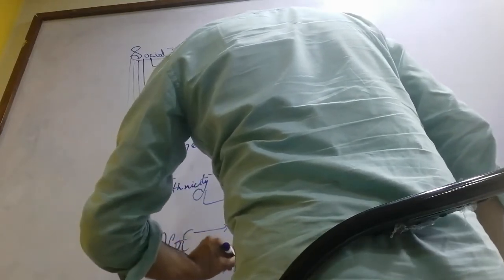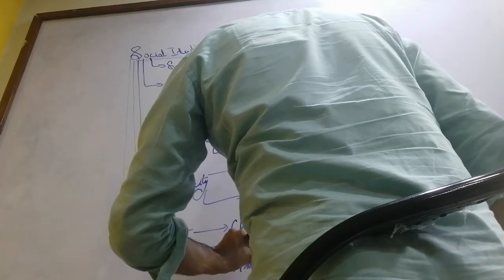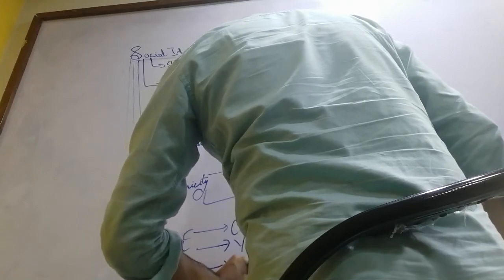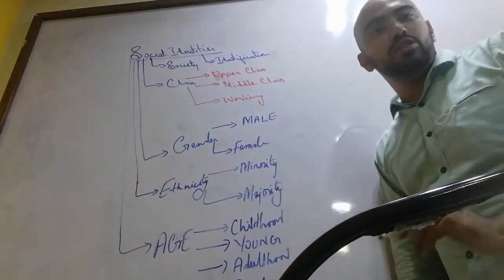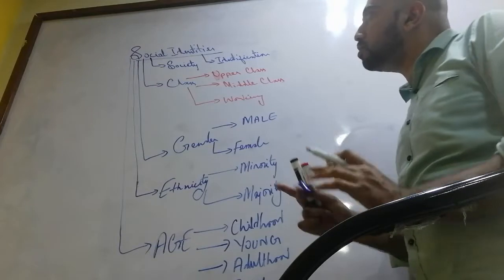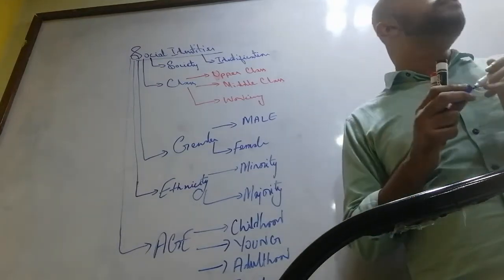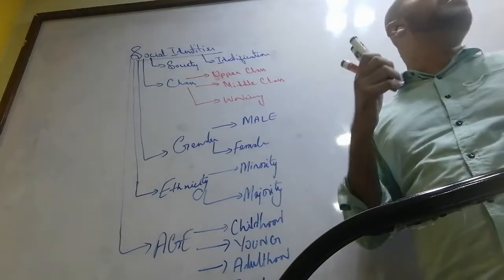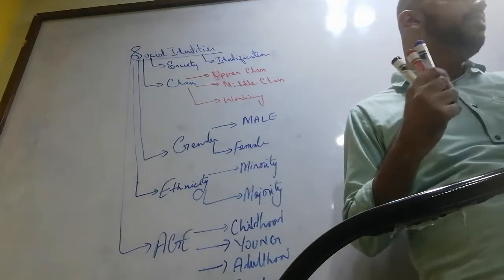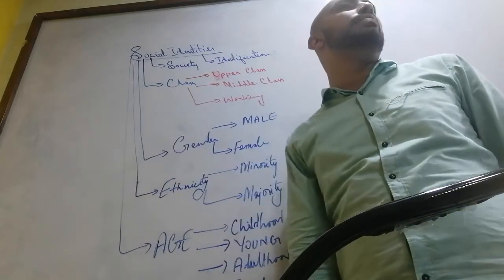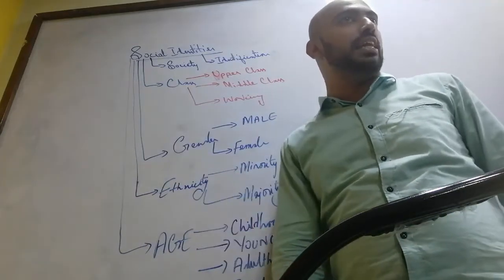Number three is adulthood. Number four is elderly. So these are the basic elements of social identities. We identify an individual within society on the basis of these four basic elements. I hope things are fine till now.